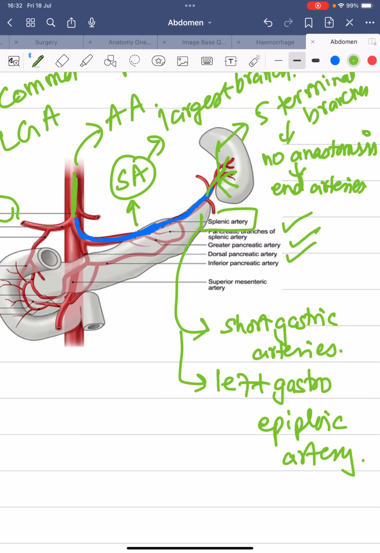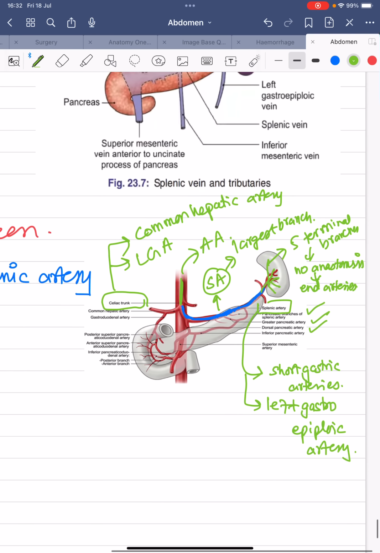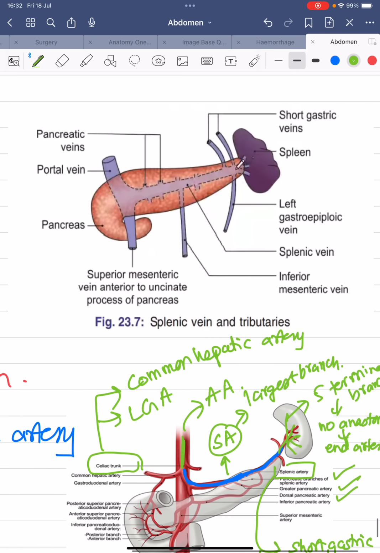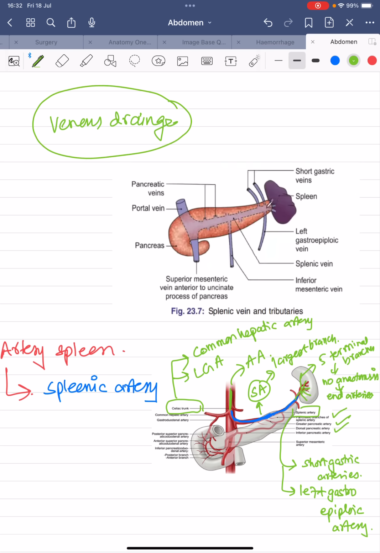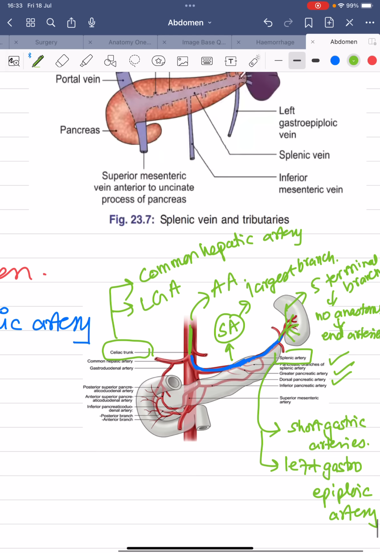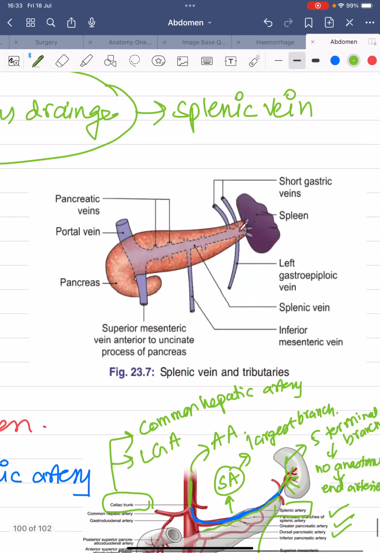Now coming to the venous drainage of the spleen. Please remember, venous drainage of the spleen is through the splenic vein. Now see here, the splenic artery is present on the superior border of the pancreas, but the splenic vein is present behind the pancreas.